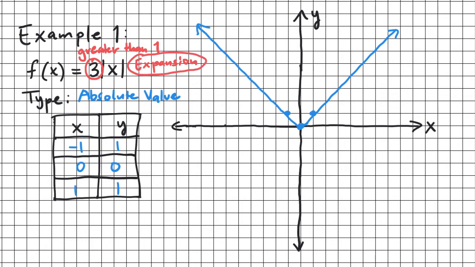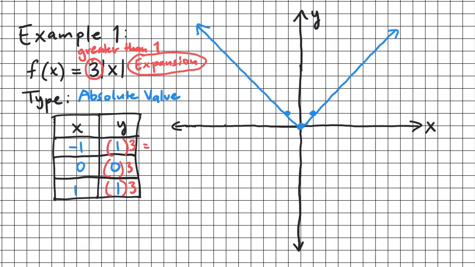What vertical expansion and vertical compression do is they affect the y values. Whatever you're expanding by, that's what we're going to multiply these y values in the table by. So let's take this 3 and multiply it into these y values. Times 3, times 3, times 3.